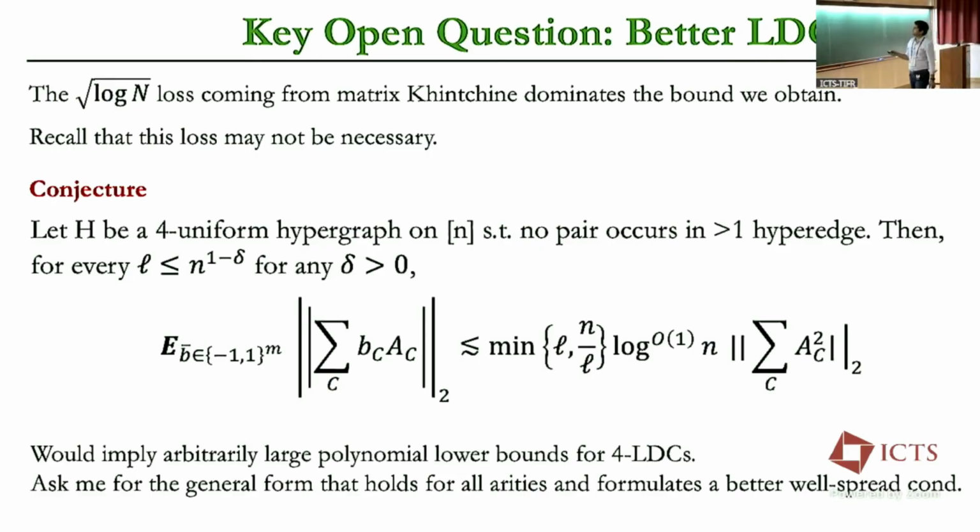So let H be a 4 uniform hypergraph, then for every L which is not too large, meaning you're not linear or n over polylog n. I'm comfortable making this conjecture for n to the 1 minus delta for any delta bigger than 0.